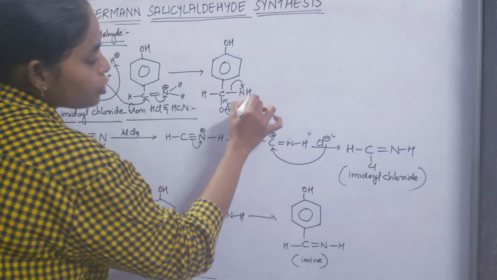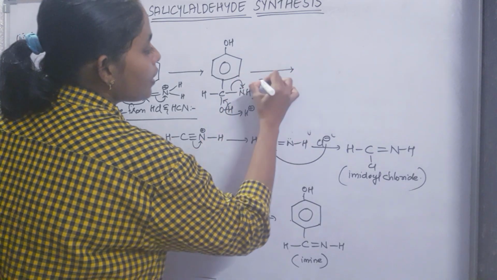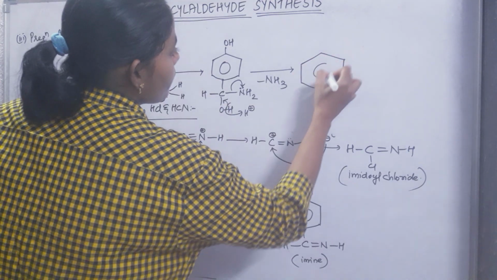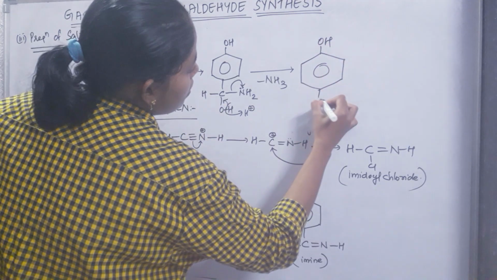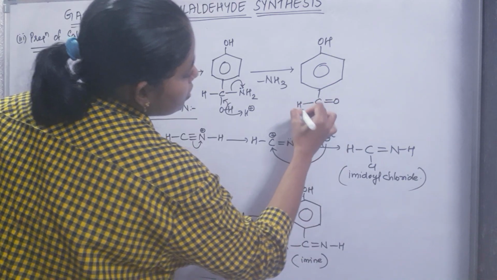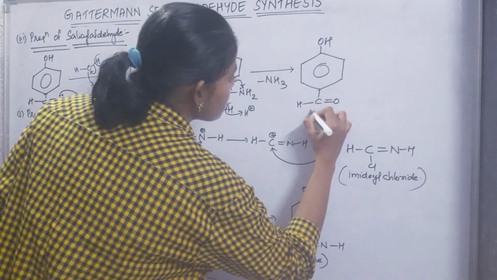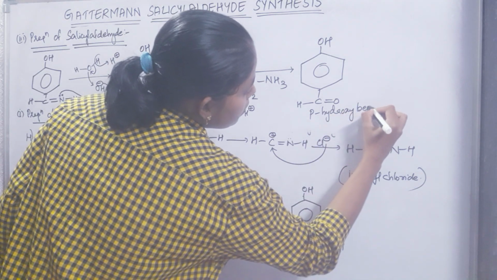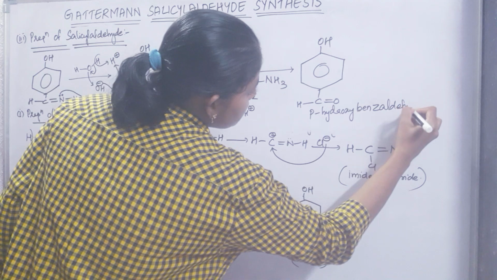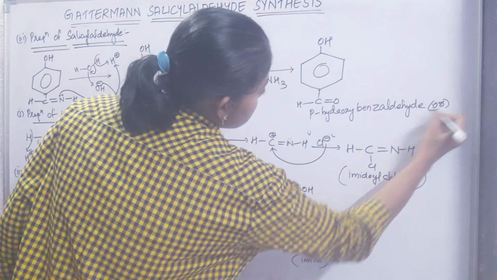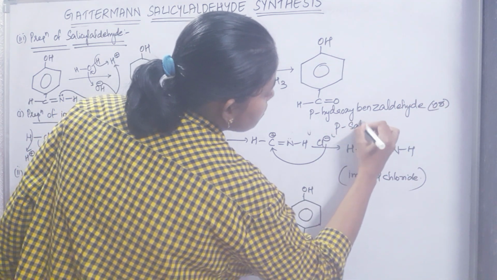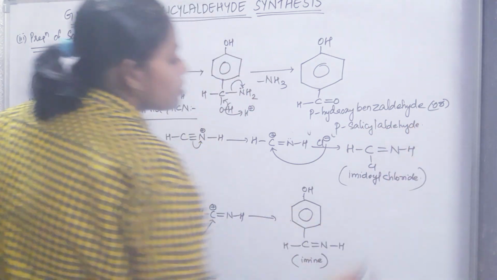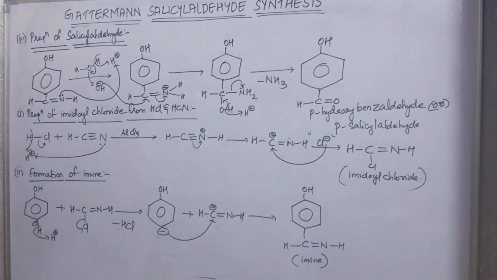Then NH2 minus and H plus will be eliminated in the form of NH3, and we'll be getting the final product, para-hydroxybenzaldehyde or para-salicylaldehyde. So this is para-hydroxybenzaldehyde or para-salicylaldehyde. So this is the mechanism of the Gattermann salicylaldehyde reaction.